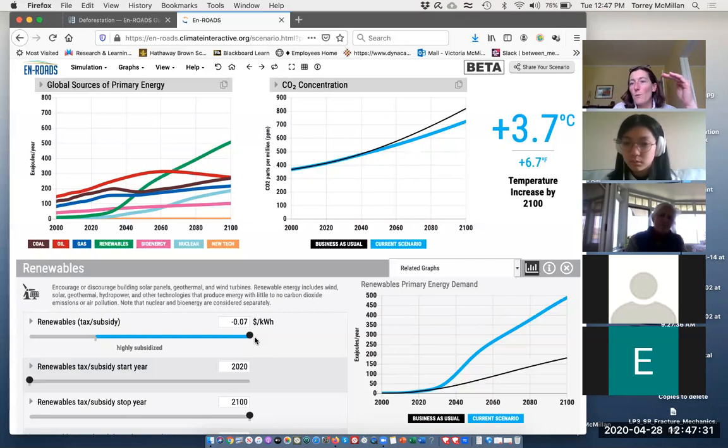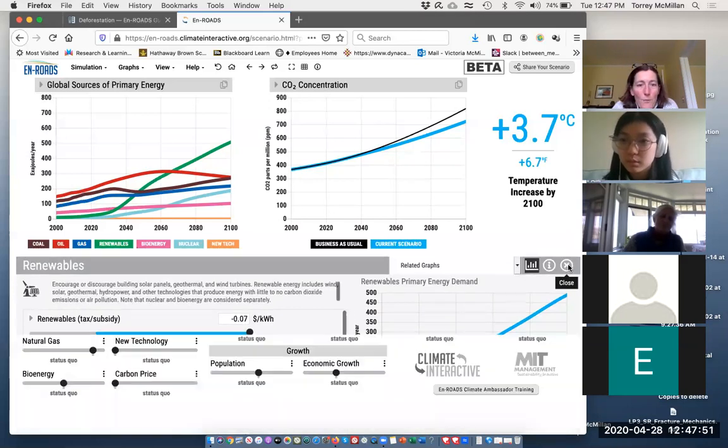But if you put the two of them together, you don't get a sum of those two in temperature drop because they start to compete with each other. So you don't get quite as much impact from the two of them together as you do from each one individually. Does that make sense, Grace? Yeah.